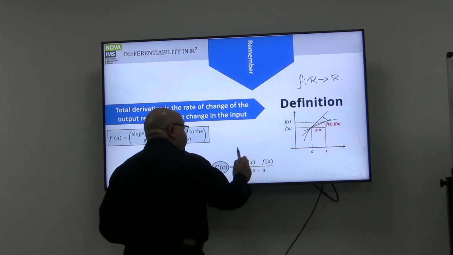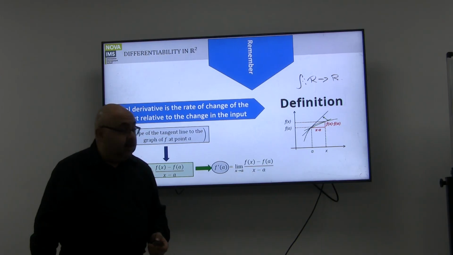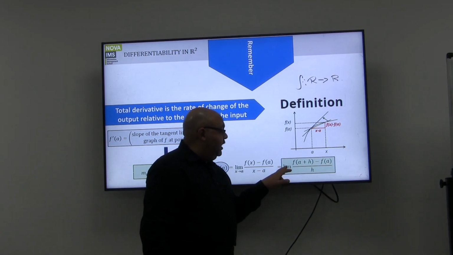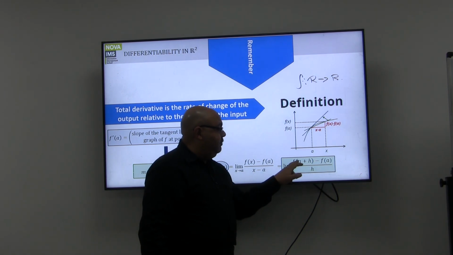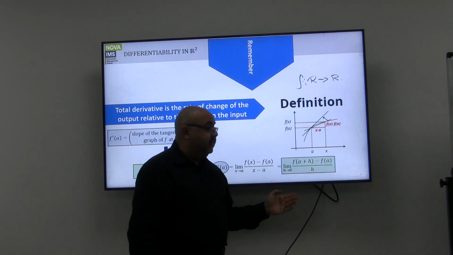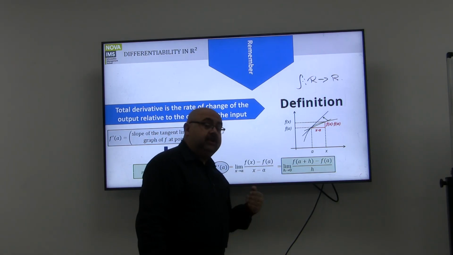This is the limit that we are seeking to solve. Equivalently, it is the limit as h tends to 0 of f of a plus h minus f of a over h, which is the limit of the derivative that we used to have.